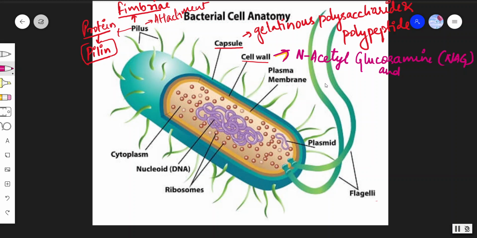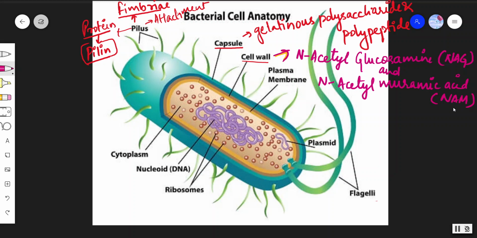One is N-acetyl glucosamine, NAG, and another one is N-acetyl muramic acid, that is NAM. This wall is made up of two, that is N-acetyl glucosamine NAG and N-acetyl muramic acid NAM.